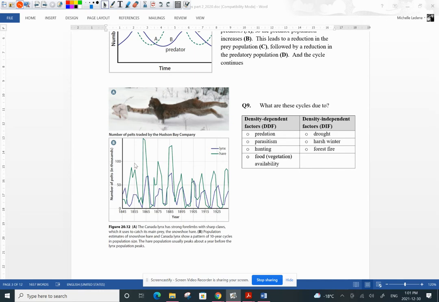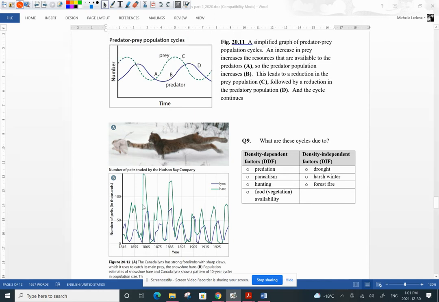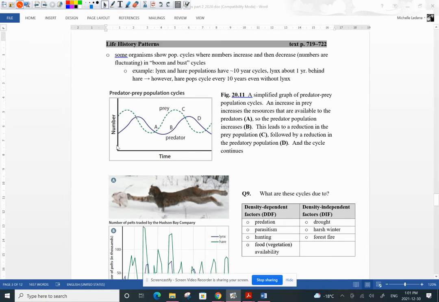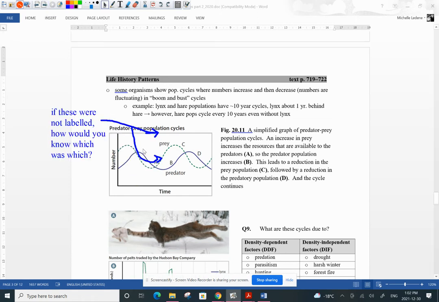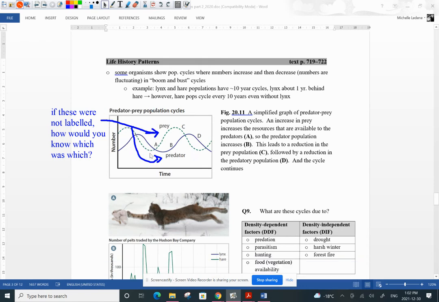You can see that they spike, they go up, and then they go down. We call this a boom and bust type relationship. The numbers spike and go up, they boom, and then they drop down again. This is essentially a simplified version of that, showing the prey and the predator. So again, the boom and then the bust.